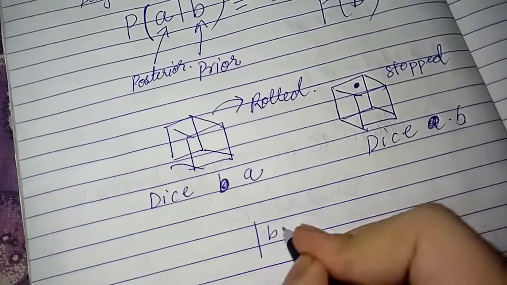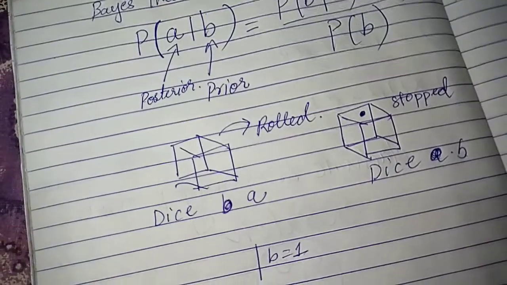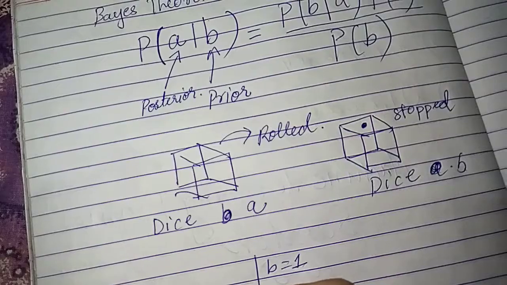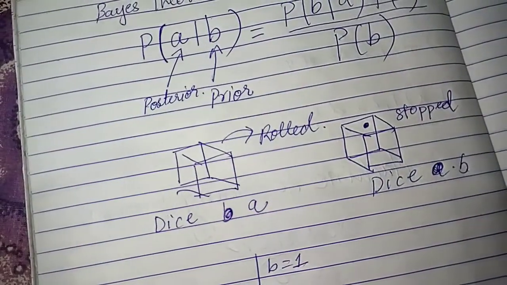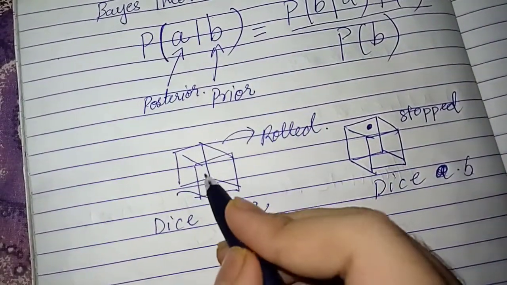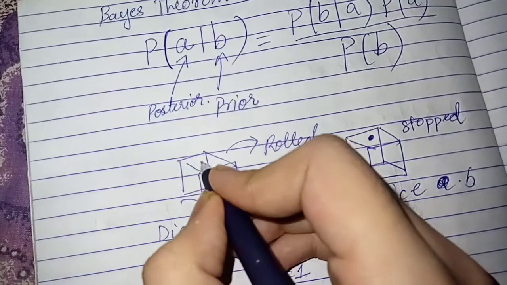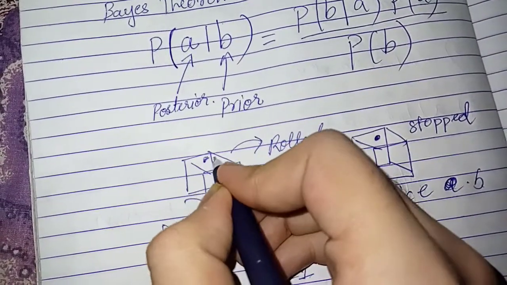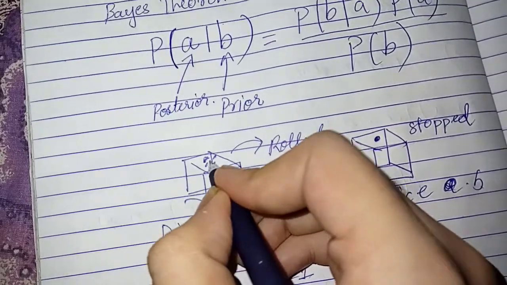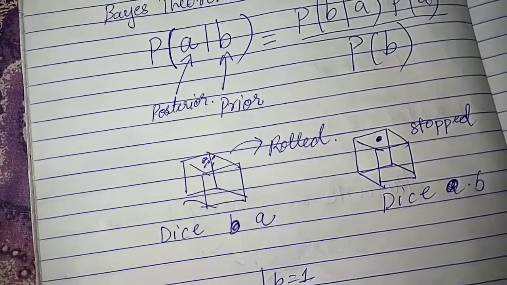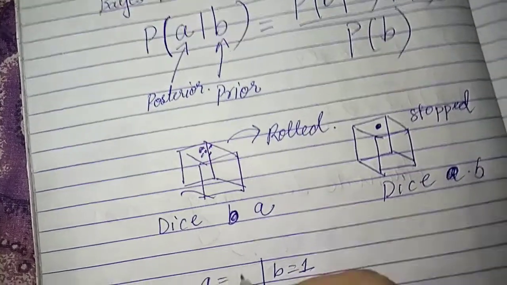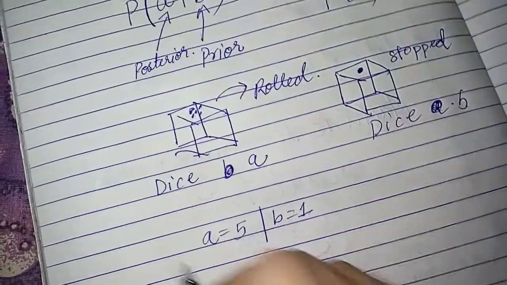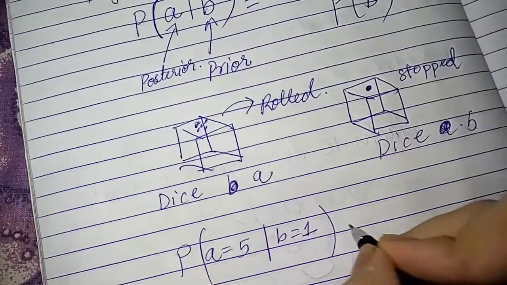So in this case B is equal to 1, and you have to find the probability that this die will have 5 on the top. That is, here you will have 1 2 3 4 and 5. What is the probability that there is 5 on the top on die A? So this you have to compute.